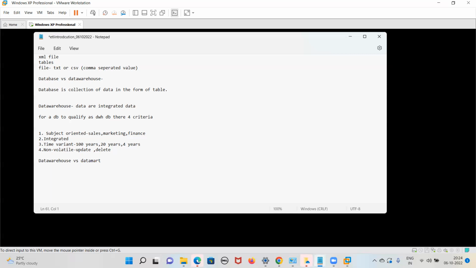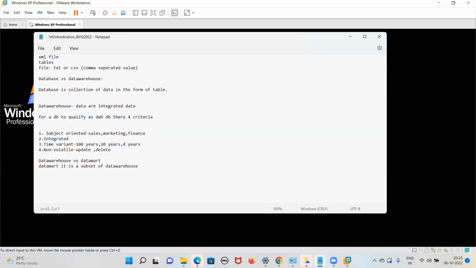First thing you have to always remember: a data mart is a subset of a data warehouse. Subset means a particular part of the data warehouse. All the properties of a data warehouse will be there in the data mart, but it is a subset of it.